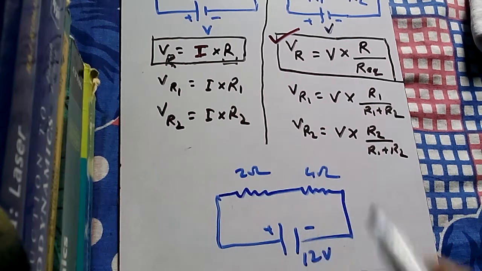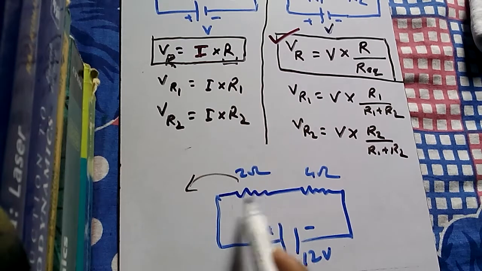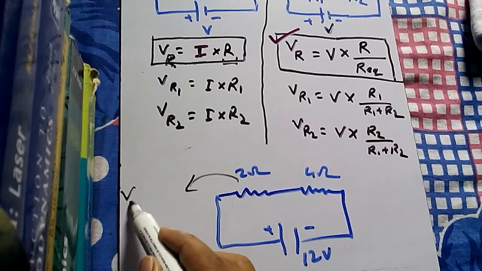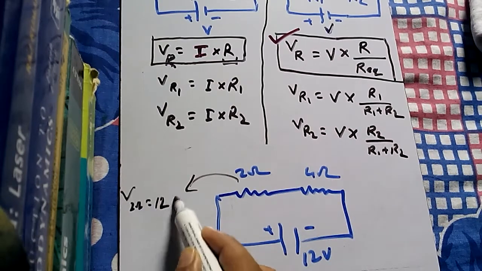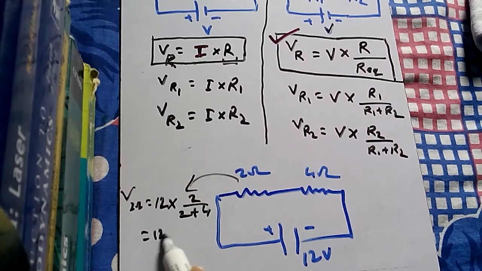Two ohm, 4 ohm. Now what is the voltage drop across this? We know this is 4 volt. The voltage drop across 2 ohm is 4 volt, but I will use this formula. So voltage drop across 2 ohm is 12 into 2 by 2 plus 4, 2 by 6, so 4 volt.